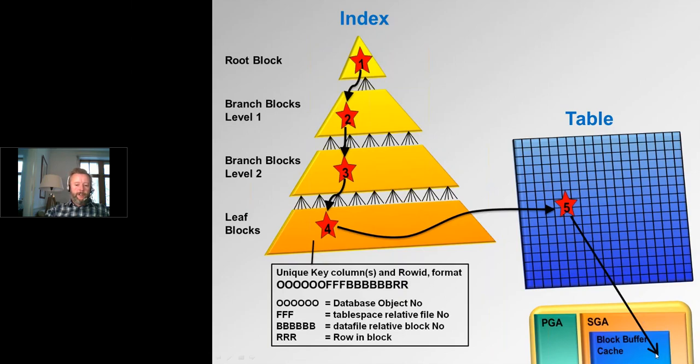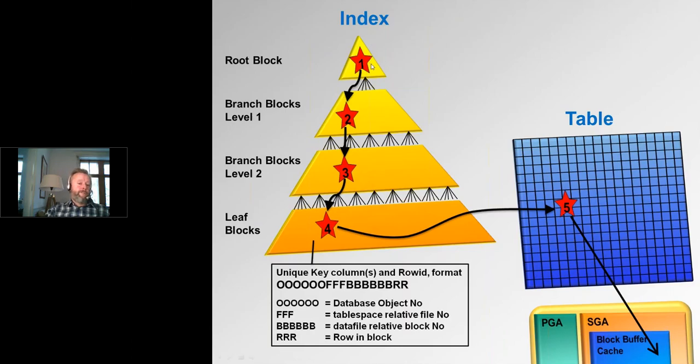and then that information gets put in the block buffer cache. And the reason indexes are so powerful is it looks here like the branch level is holding 3 or 4 times the information the root block does, and the branch block 2 is holding 2 or 3 times the information of the branch level above. It's not. It's holding hundreds of times more information.